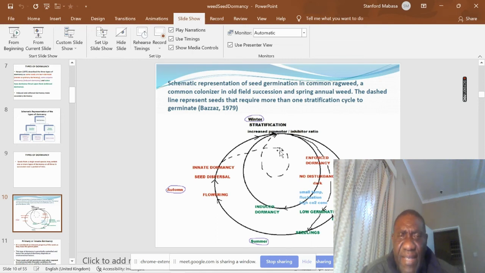What stratification does is that it can increase the promoter to inhibitor ratio. In other words, it can increase hormones which can later stimulate germination. For example, during stratification, you can have accumulation of gibberellic acid, which will later break dormancy.